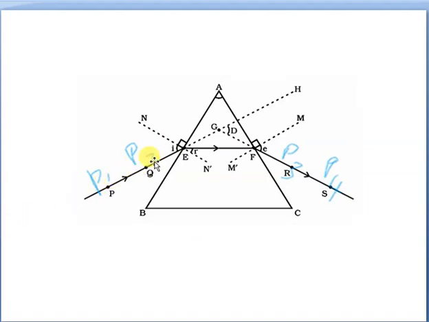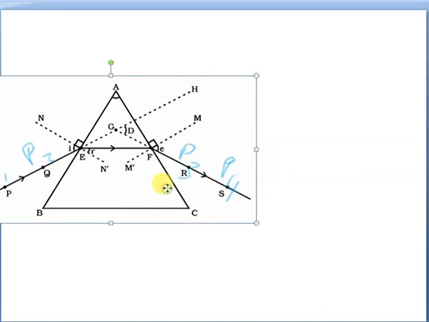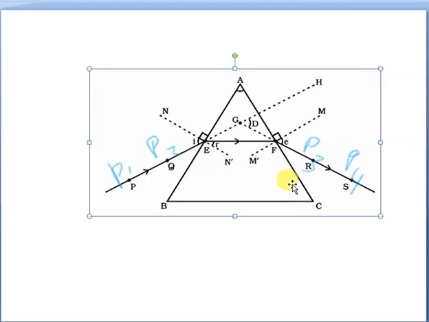Now you replace the triangular prism. Use two other optical pins, which we label here P3 and P4. View it from the side of the prism AC. Put these two pins P3 and P4 in a straight line with the images of the pins P1 and P2.